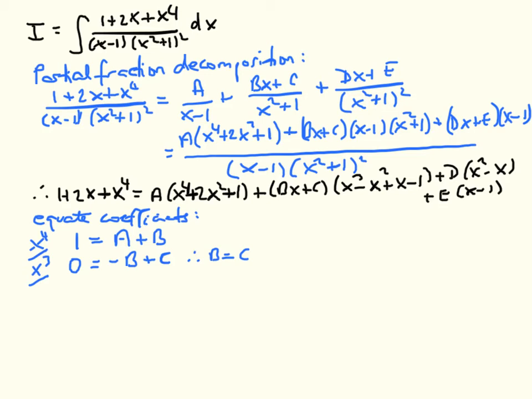We also have an x squared coefficient. On the left hand side we don't have any, but on the right hand side we have 2a from here, a times 2x squared. We have b, x times x is x squared, so we have plus b.